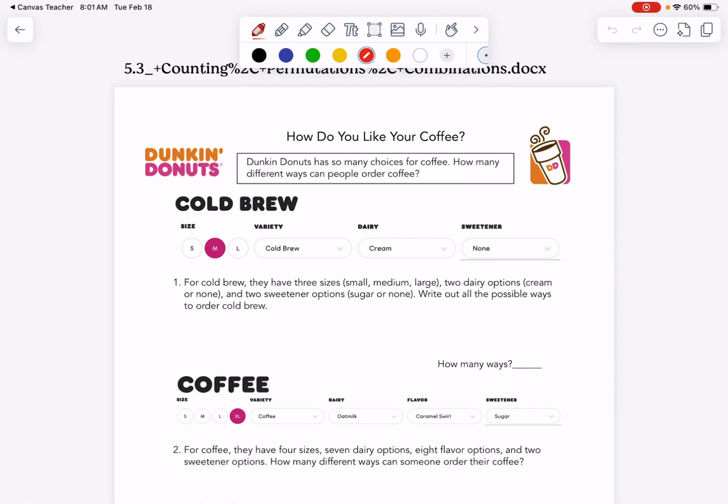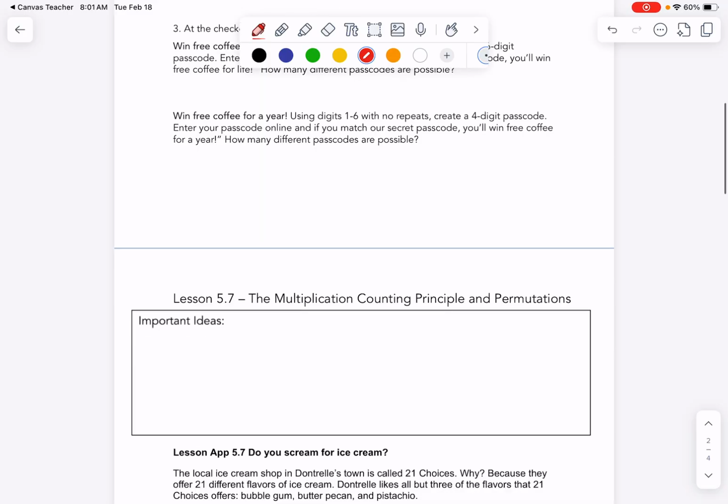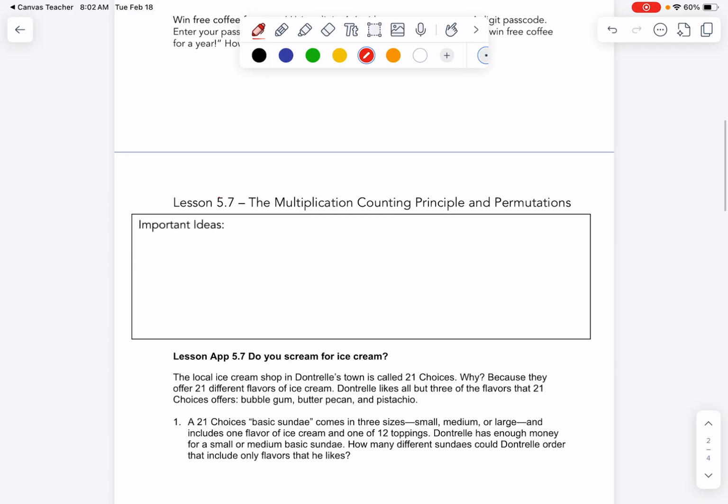It is Tuesday, February 18th, and we have an E-Day today, so we will be covering lesson 4.5, which is all about counting permutations and combinations. This is actually a little bit of a double. We've got two smaller lessons to cover today, so go ahead and scratch each of these out.